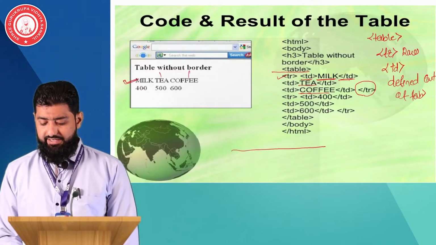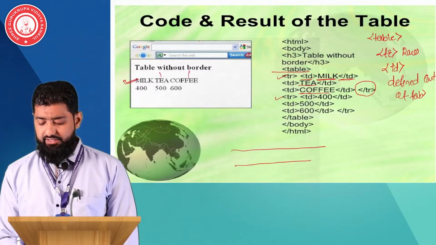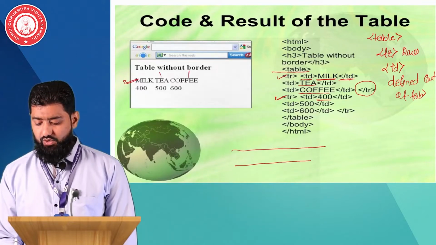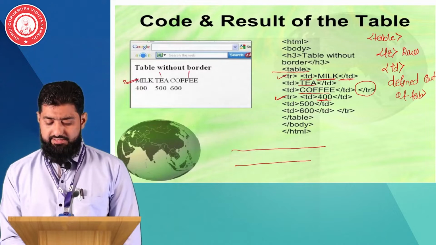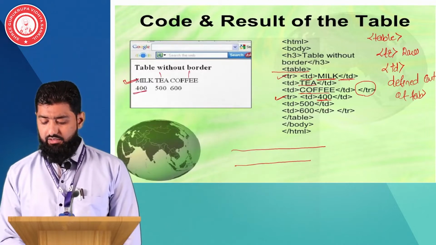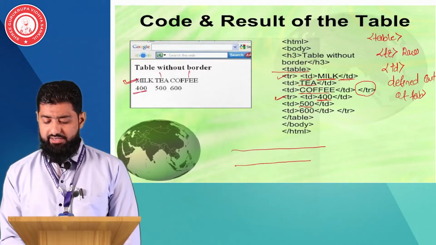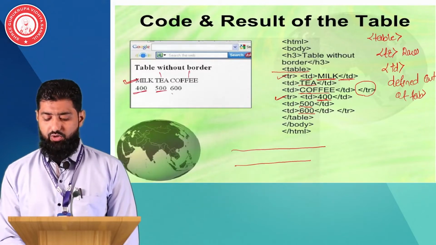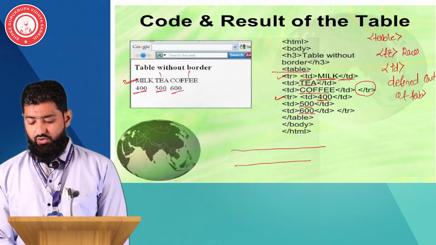To define a second row, again we have to define the tr. In tr, the first td is 400. This 400 will show exactly below milk, this 500 exactly below tea, and this 600 exactly below coffee.